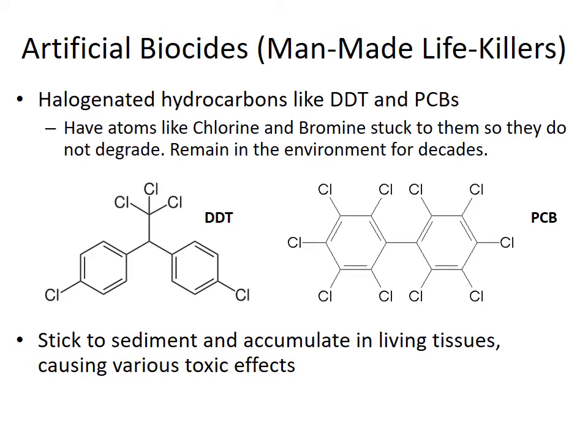And having these halogens stuck to the hydrocarbons makes them last a lot longer in the environment than normal hydrocarbons because they can't be degraded easily by microbes. And that means that not only are they harmful, but they last for a long time in the environment, and then they can bioaccumulate and biomagnify for a long period of time. And they also have properties of sticking to organic matter, so they can really accumulate in living tissues and cause various toxic effects for a long period of time.